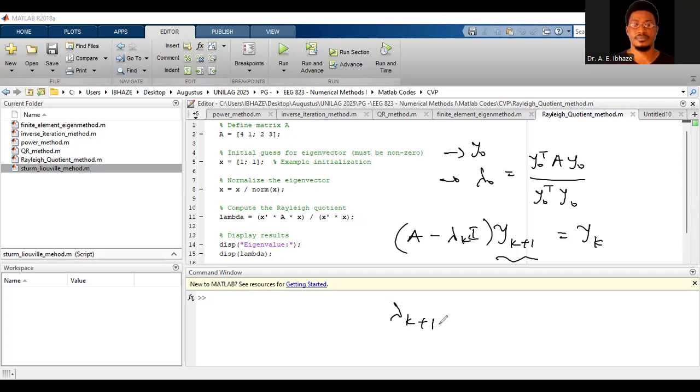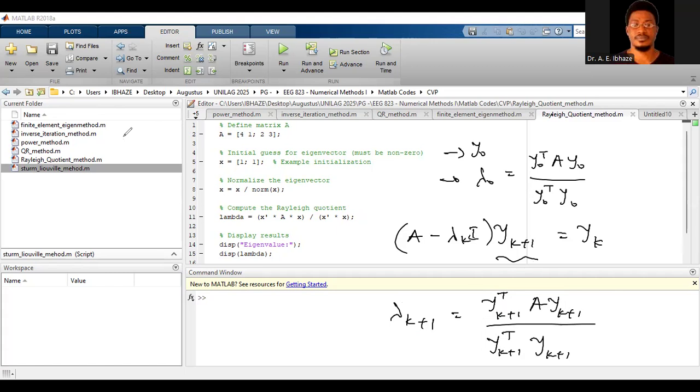Lambda k plus 1 will be y sub k plus 1 transpose A y sub k plus 1 over y sub k plus 1 transpose y sub k plus 1. So once we do this, we are able to arrive at our answer.